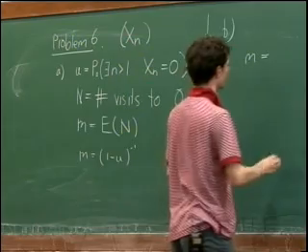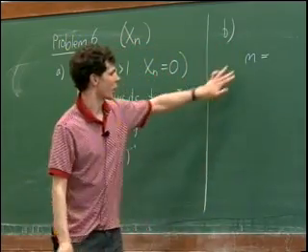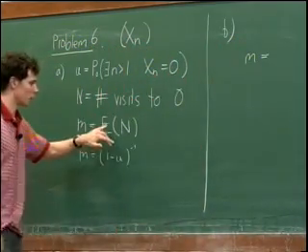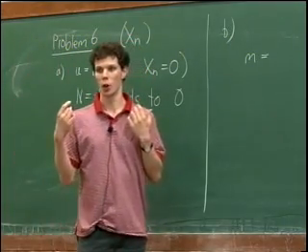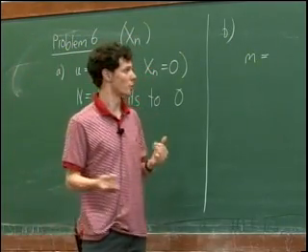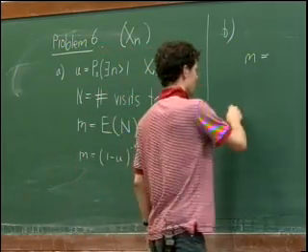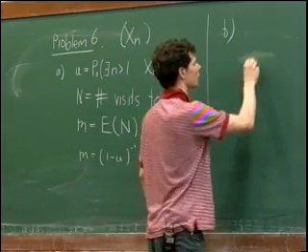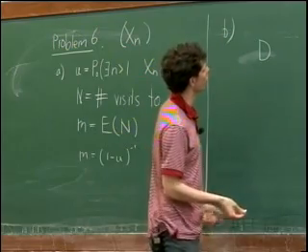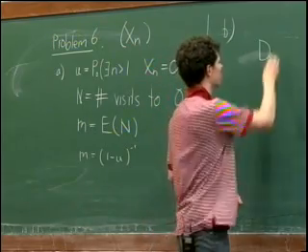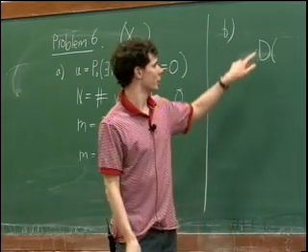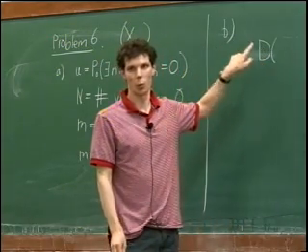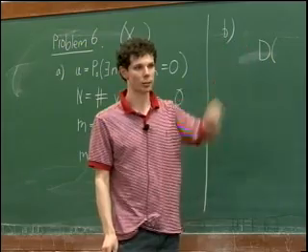What I'd like to take a look at, though, is how we can express m, the expected number of visits to the origin, in terms of the Fourier transform of the step distribution. Let me briefly recall that. We will generally denote by d the one-step distribution of a walk.